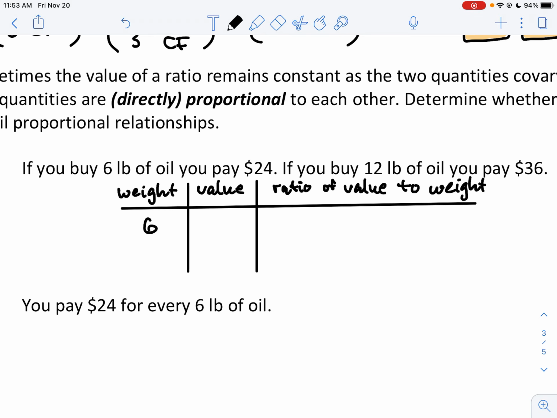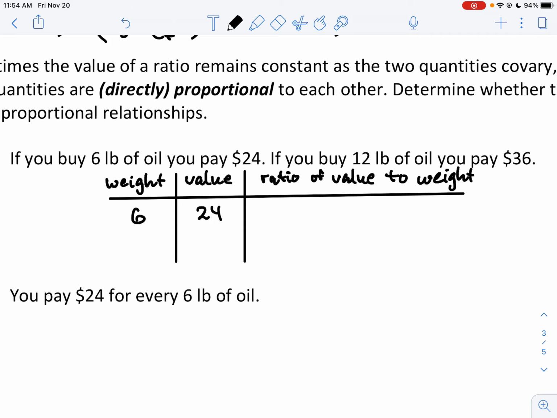All right, so when the weight was 6 pounds, we paid $24. I'll just leave the units out of my table. And the value of the ratio of value of the oil to weight of the oil is, we do 24 divided by 6. I'm leaving the units off, but the answer will be 4. And I'll put the units on now. $4 per pound.